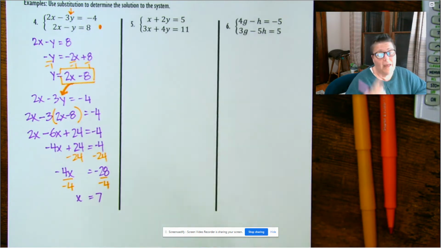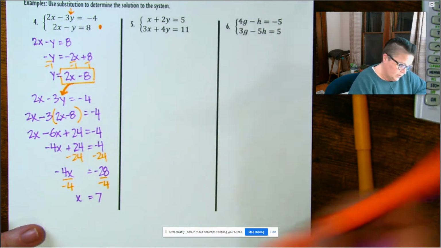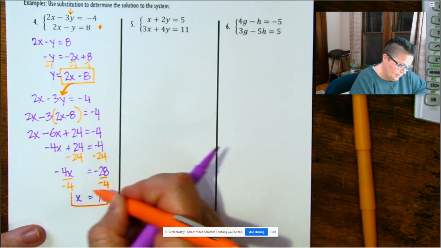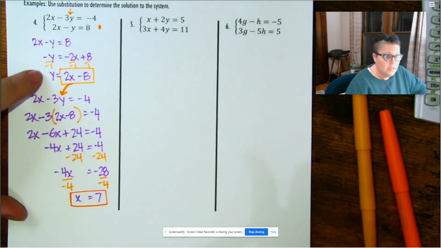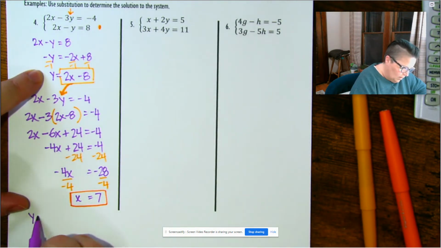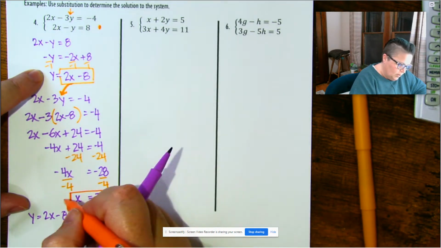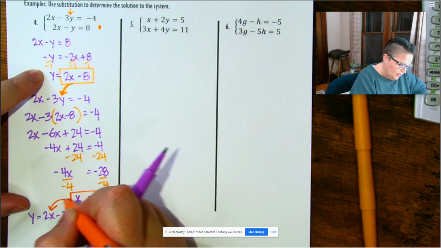I need to find both x and y. So now that I know what x is, 7, I'm going to use what I had for y. y is 2x minus 8. And I'm going to put that value in for the x.